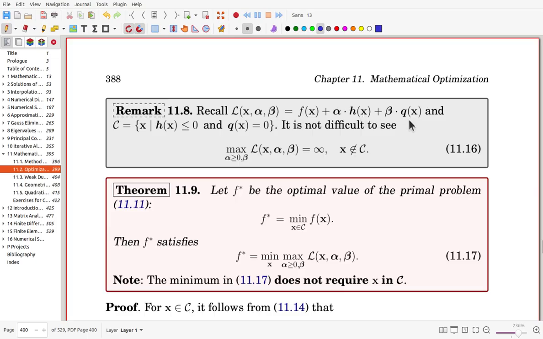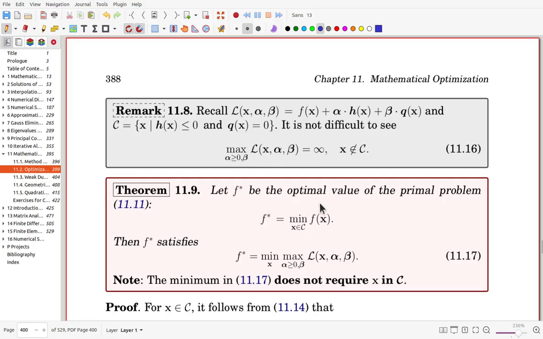Also, if at least one equality function is non-zero, we choose beta so that the product is positive, and choose a very large beta so that we can make it infinity. So once x is not in the feasible set, the maximum of the Lagrangian goes to infinity.